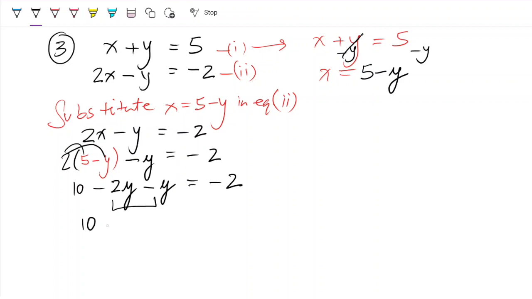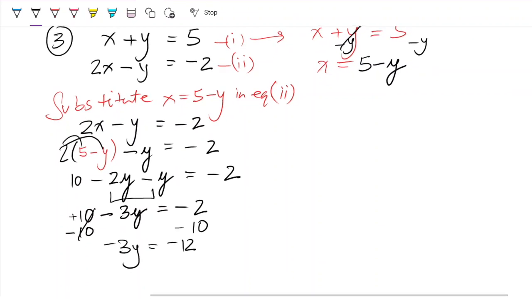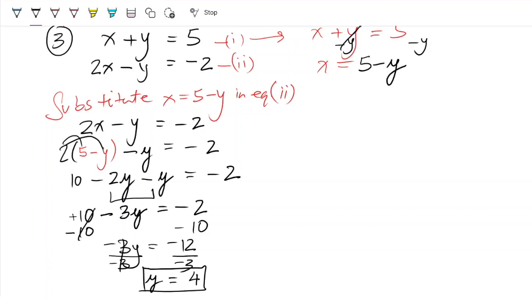Simplify. 10 minus 3y equals negative 2. Take the 10 away. To cancel the 10, we'll do minus 10 on both sides as it's a positive 10. So minus 3y is equal to minus 12. To find the y now, we have to divide both sides by negative 3. So y is equal to 4.